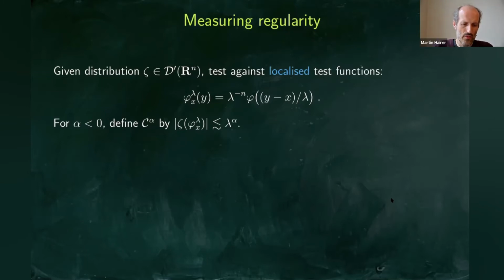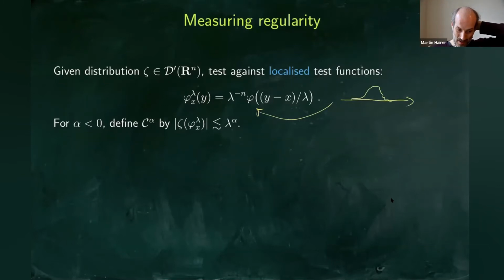And the standard way of doing this is to test it against bump functions that are rescaled like a delta function, right? So here you should think of the function phi as being some kind of bump function, like this. It's just an arbitrary, compactly supported smooth function. And then you rescale it so that it scales like a delta function.